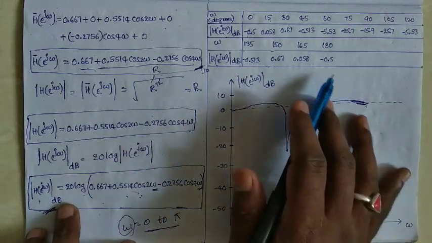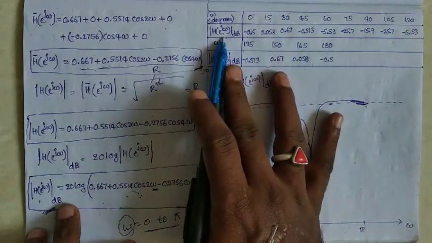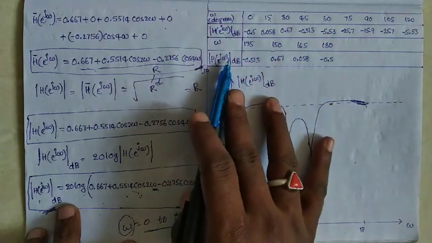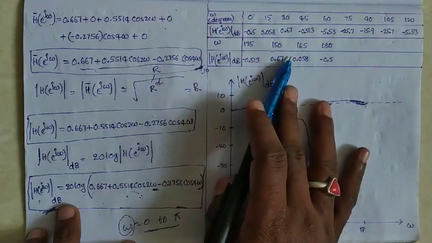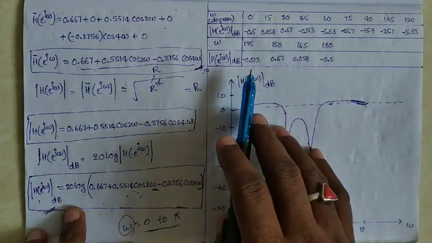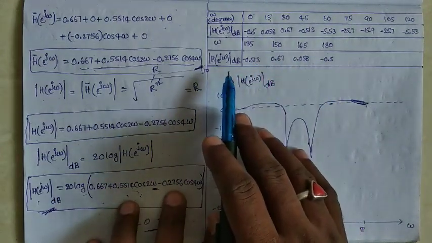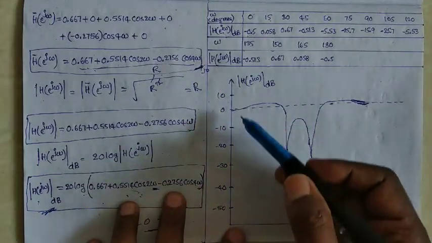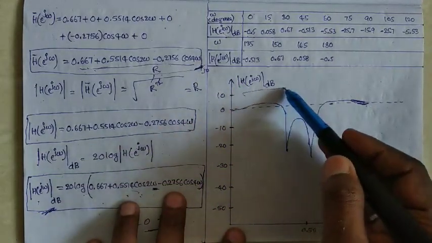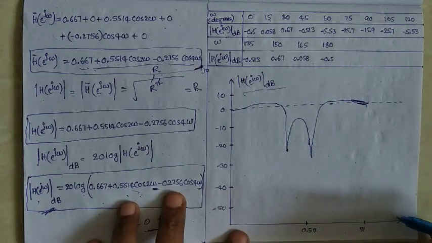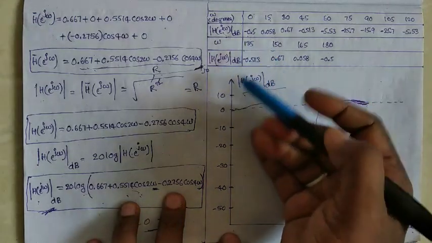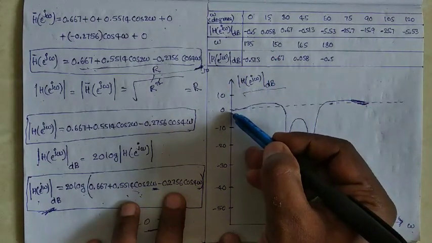After determining the decibel magnitude of h of e power j omega, with omega ranging from 0 to pi, now we are plotting the magnitude response. On the y-axis we take the decibel magnitude of h of e power j omega, and on the x-axis we take omega. At omega equal to 0, the decibel magnitude is minus 0.5.